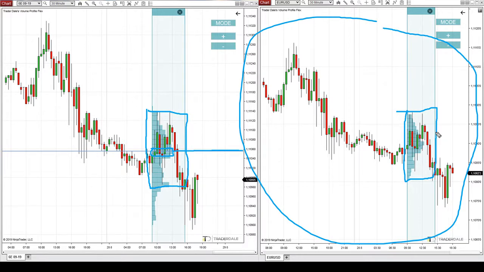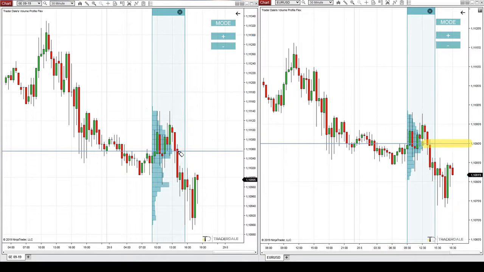You can just tell by looking at it. So this level would be exactly in here. Let me draw a line there. This level is this level. This is how I do it. This is how I transfer the levels.